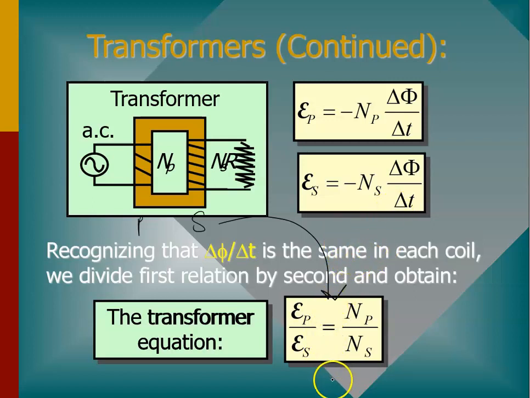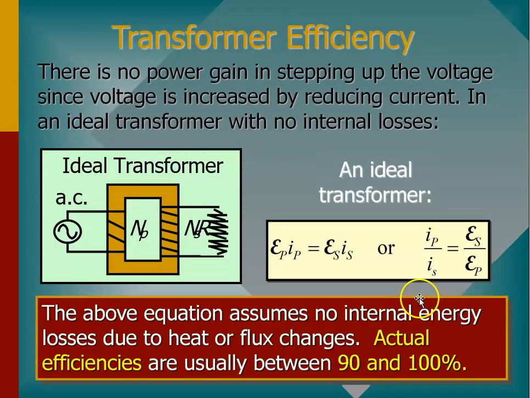So the transformer equation is written like this, where the ratio between the voltage in the primary and the voltage in the secondary is also equal to the ratio of the number of turns in the primary to the number of turns in the secondary. The derivation of this comes from this one: I just divided these two, and I observe that these two cancel each other, hence I get this relation. So this is what we call the transformer equation. Right.